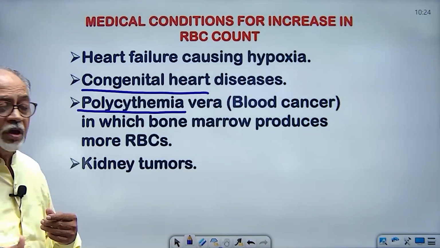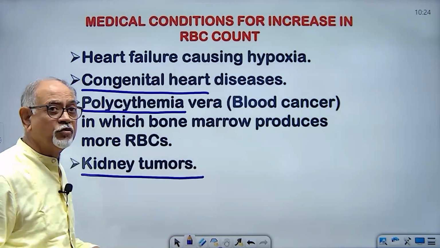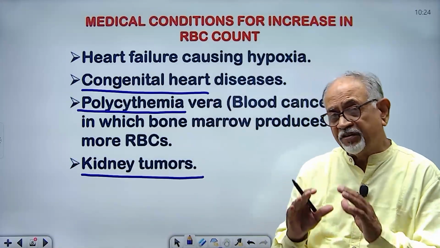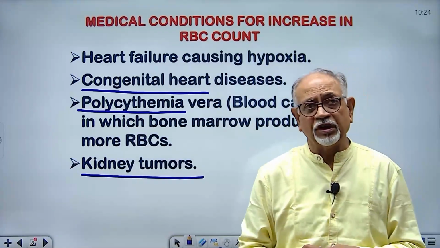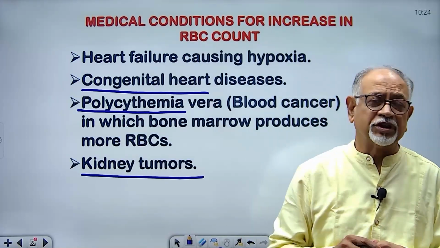Another condition is that of kidney tumors. You know, in the kidney, between the renal tubules, there is a tissue, interstitial tissue called hemopoietic tissue.